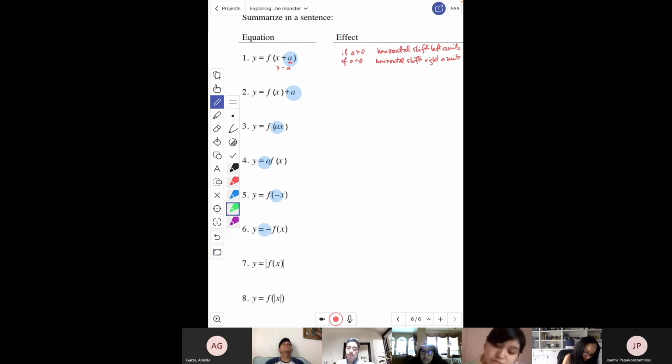Okay. What about this plus A here? So I'm taking the function, evaluating it at an X, and then adding A. If A is positive, can you tell me what is happening to the graph of the parent?